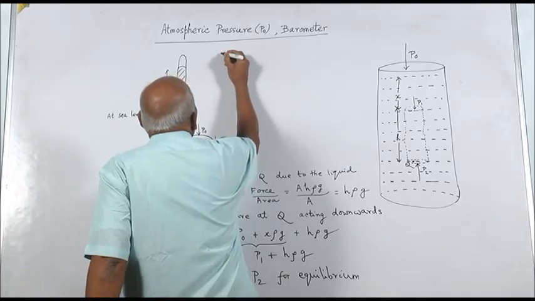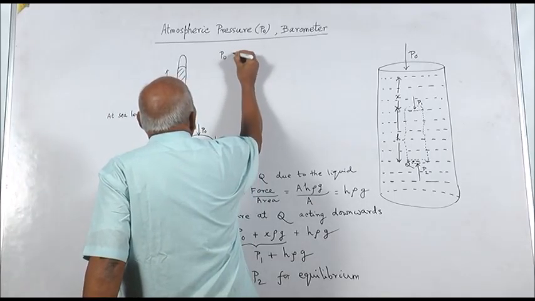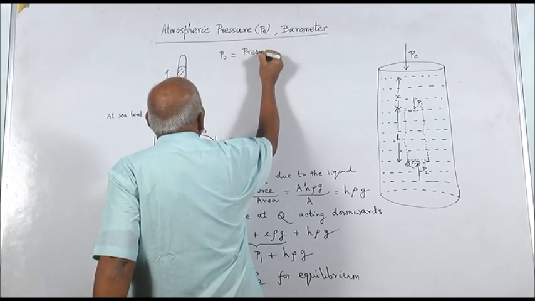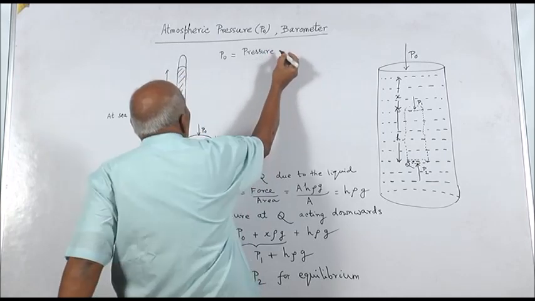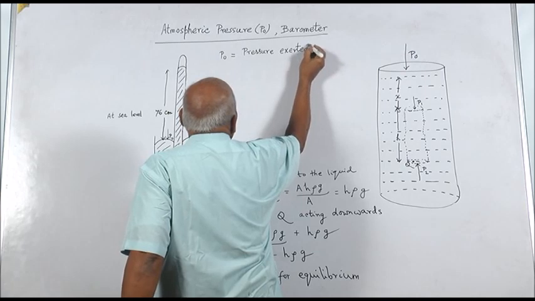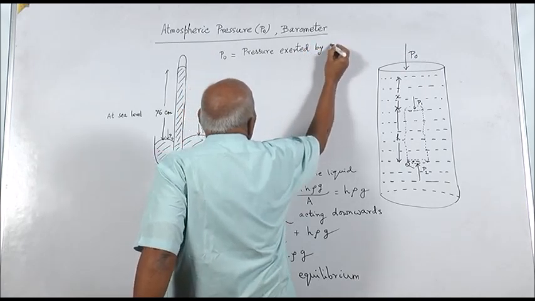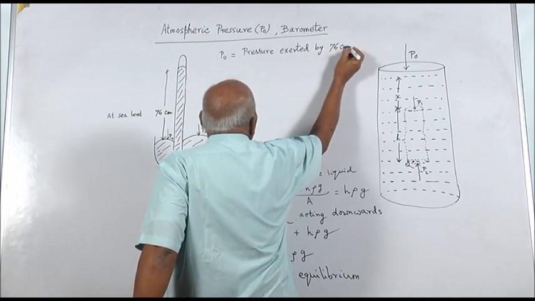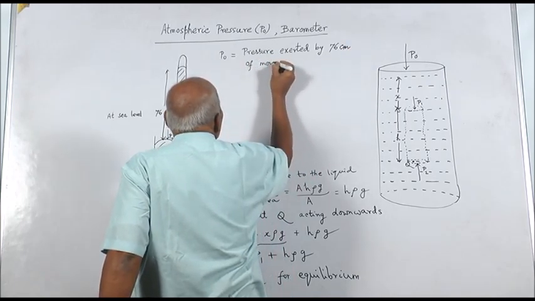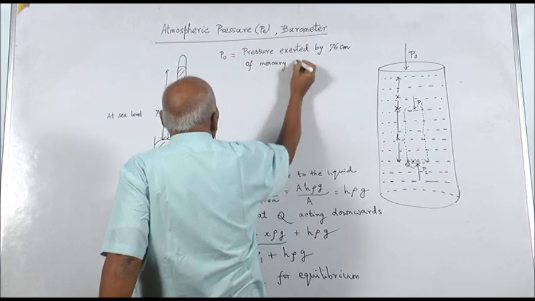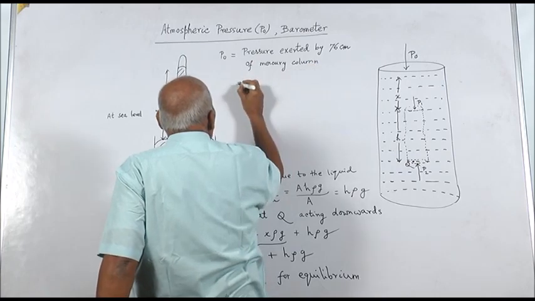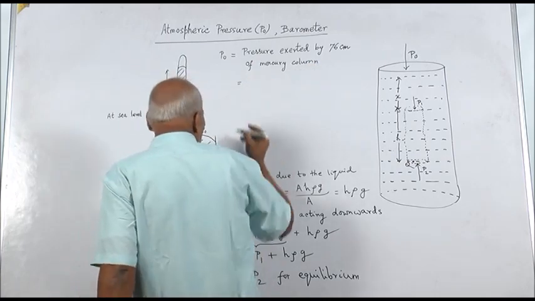So, P0 is now equal to the pressure exerted by a 76 centimeter mercury column. And how much is it? It is H rho g.